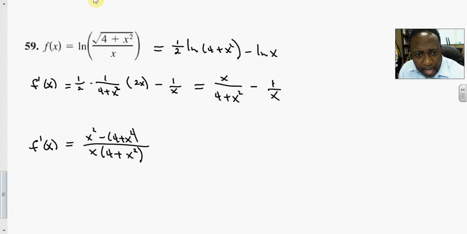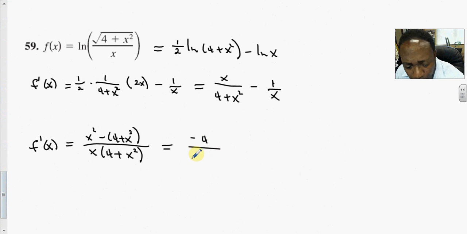It's a parentheses, not an absolute value. So x squared minus the x squared goes out. All we have left in the numerator is a minus 4 over x times parentheses 4 plus x squared.